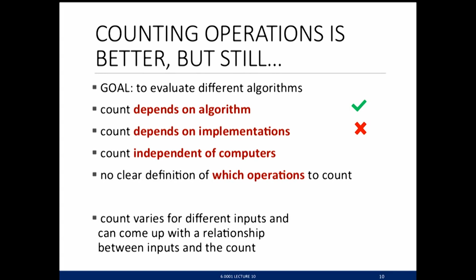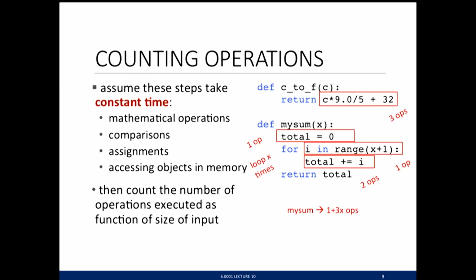Let me show you what I mean by that by backing up for a second. Suppose I were to change this for loop to a while loop. I'll set i equal to 0 outside of the loop, and then while i is less than x plus 1, I'll do the things inside of that. That would actually add one more operation inside the loop, because I both have to set the value of i, and I have to test the value of i, as well as doing the other operations down here.